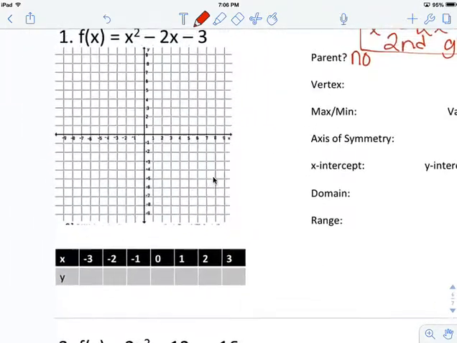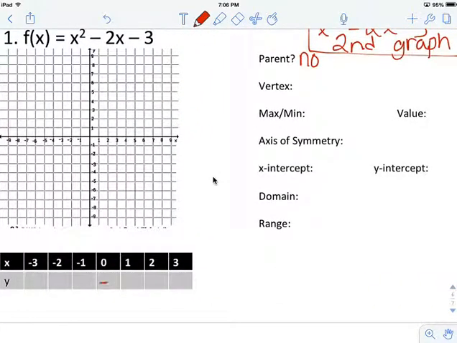Okay, if I plug in 0, I'm going to get -3. If I plug in 1, I'm going to get -4. If I plug in 2, I'm going to get -3. If I plug in 3, I'm going to get 0. And then if I plug in -1, I'm also going to get 0.